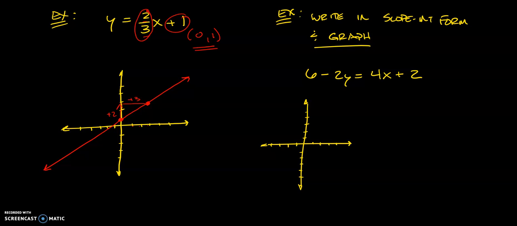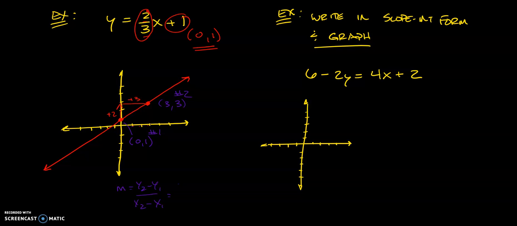Now, what if we did this? This point is 0 and 1, and this point is going to be 3 in the x, and it started at 1, so that would be 3 in the y. Let's call this point number 2, and this point number 1. We remember our slope formula: y2 minus y1 over x2 minus x1.